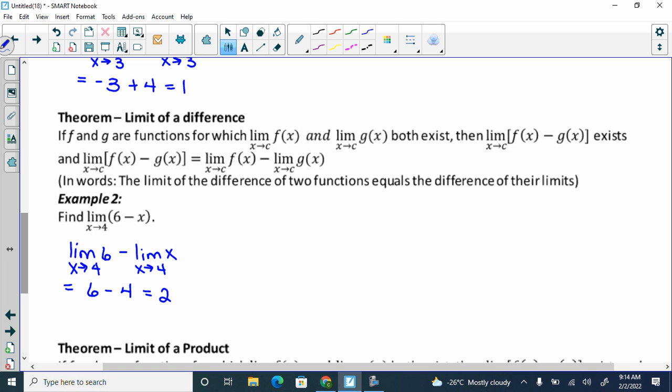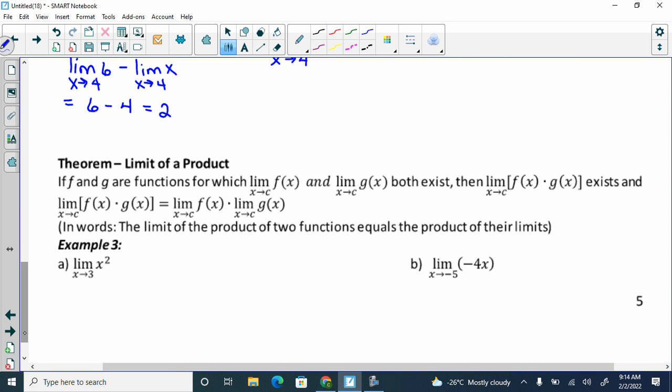No. What we can do is just rewrite the question. And because there are no issues when I plug the 4 in, I can just plug it in. 6 minus 4, and I get 2. So you don't have to split the limit. But the reason why you can just plug it in is because when you do separate it in a limit, it doesn't really change it.